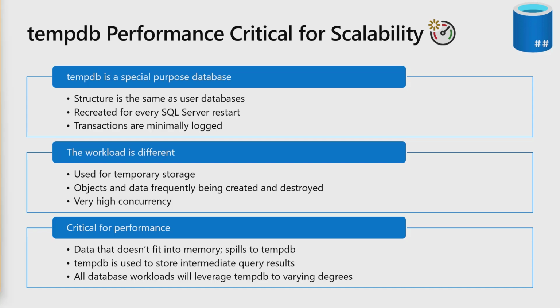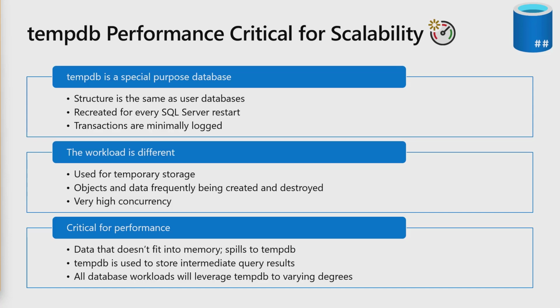The main difference is the workload, because with tempdb we are constantly creating and destroying objects such as temp tables. This is especially true in a heavy OLTP environment where you may have many threads doing all kinds of work. And if you are already seeing resource contention on the system, this impact will be amplified.